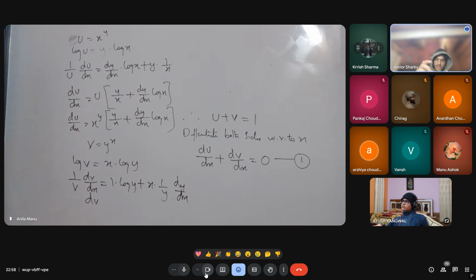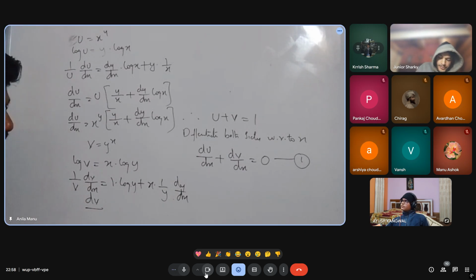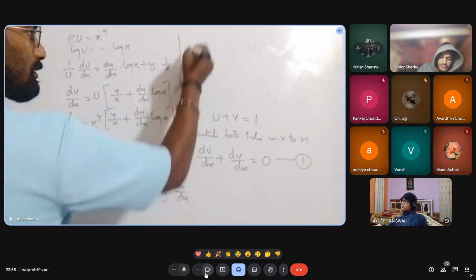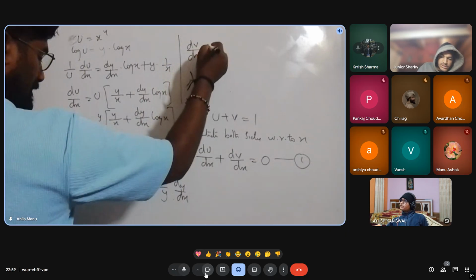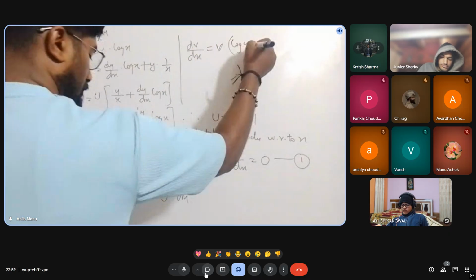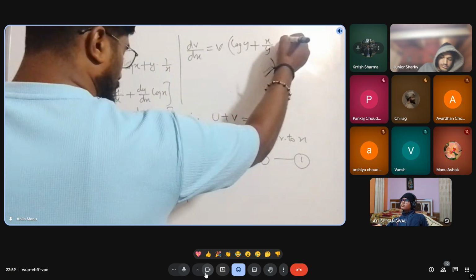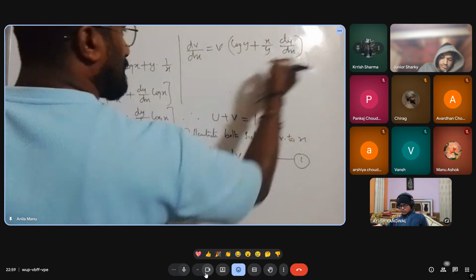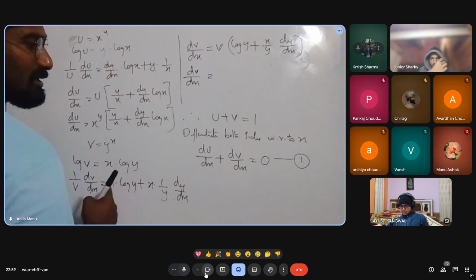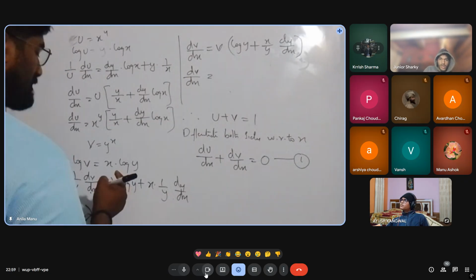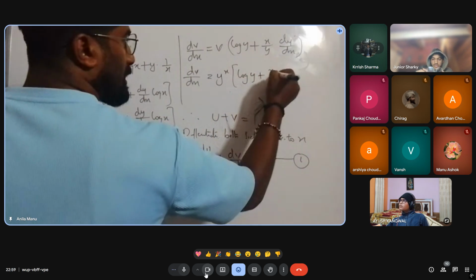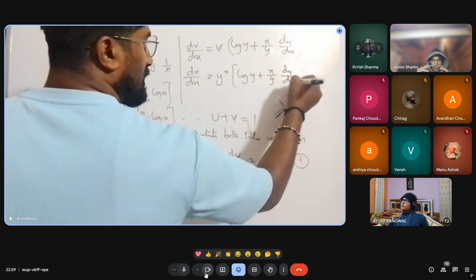So dv by dx is equal to v, we are transposing, so v into log y plus x by y dy by dx. Last, dv by dx is equal to, what was v? y raised to x, right? So y raised to x into log y plus x by y dy by dx.